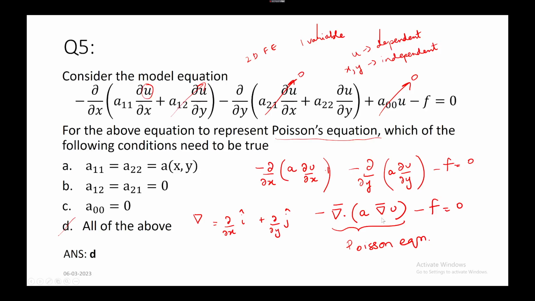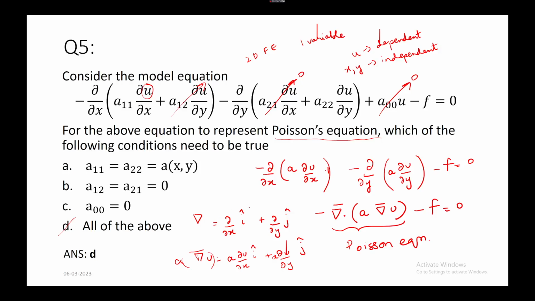So my del u is going to be dou u by dou x i cap plus dou u by dou y j cap. If I multiply by a, this is going to be a, and this is also going to be a.